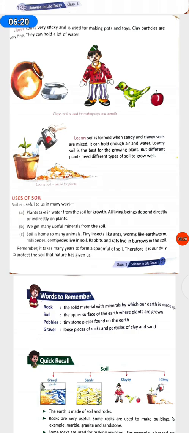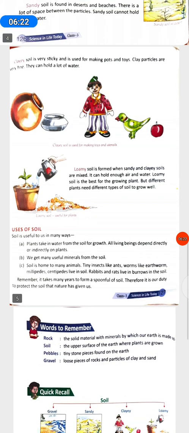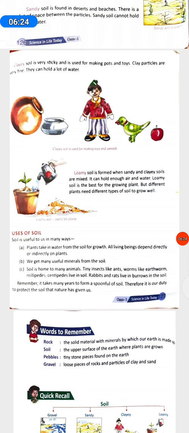Clay soil is very sticky and is used for making pots and toys. Clay particles are very fine. They can hold a lot of water. Clay soil is used for making toys and utensils.